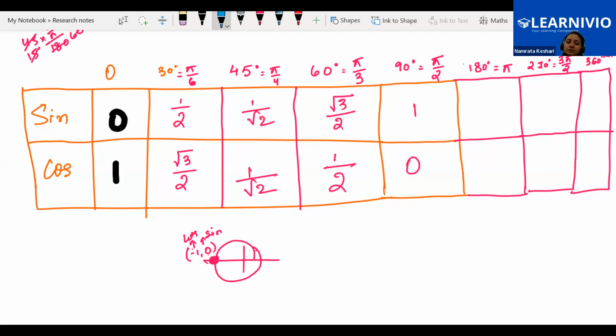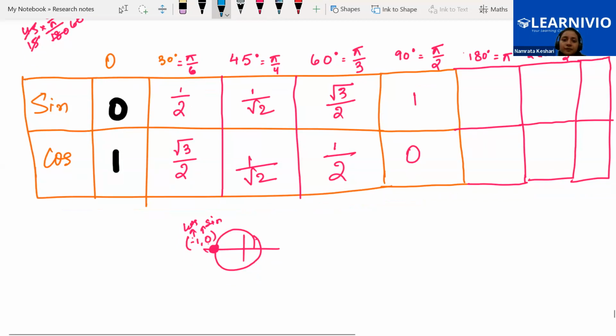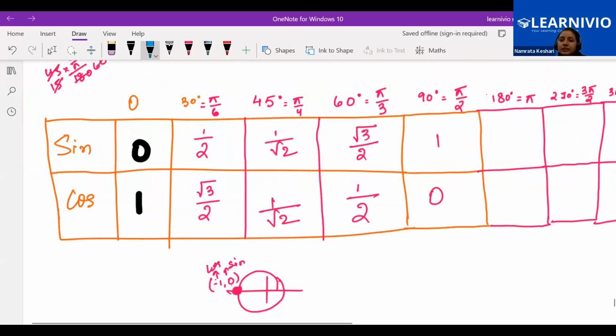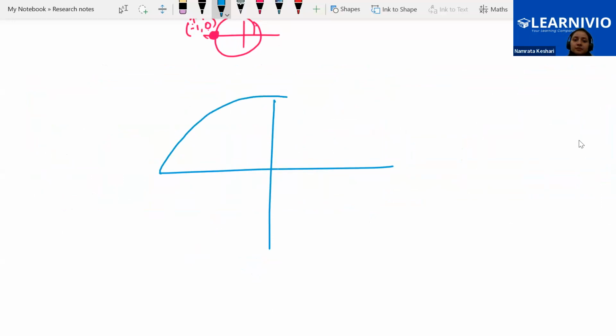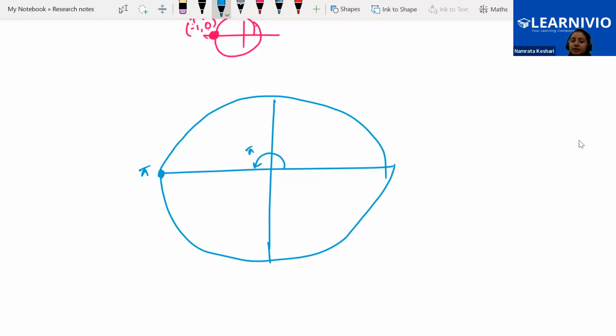See, pi means this is pi. Here the coordinate was like from here to here. If we take the angle, that is angle pi, right?